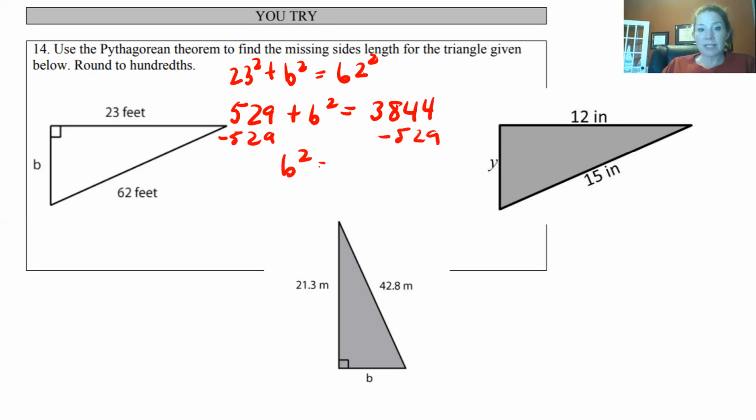So B squared is equal to 3844 minus 529 is equal to 3315. And to find B, we're going to find the square root of both sides. So B is equal to about 57.58 feet.